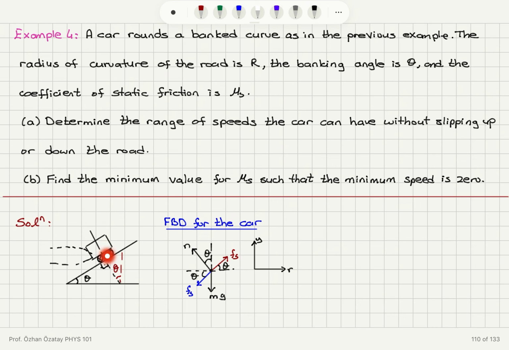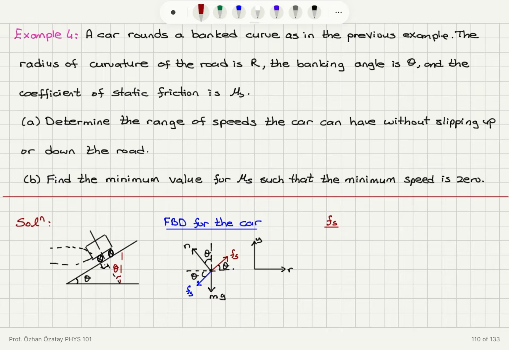In any case, you can see that the components of these friction forces on the radial axis will have some contribution to the centripetal force. So I'm going to start with the scenario where the static friction is pointing up the inclined plane. So that is this red scenario.